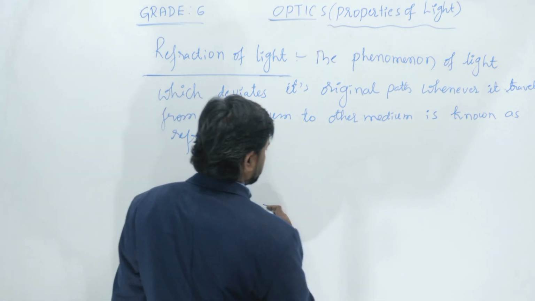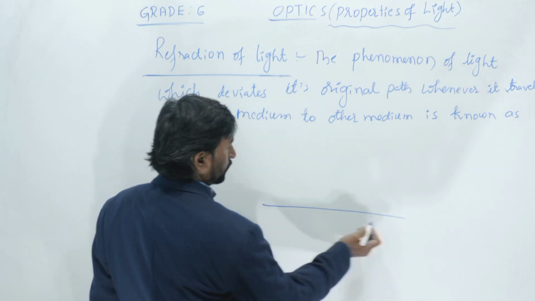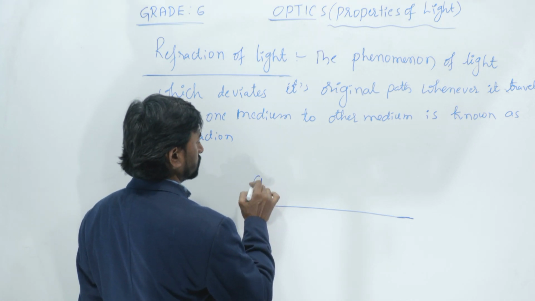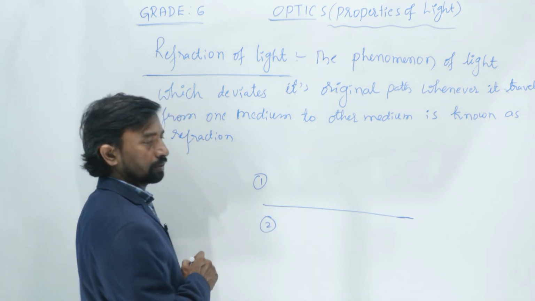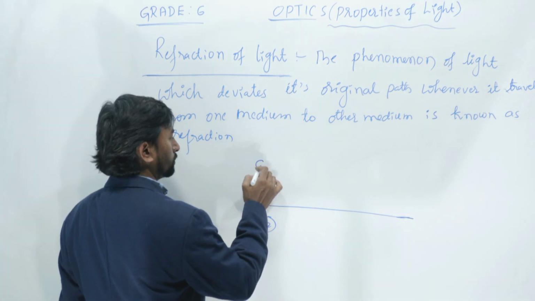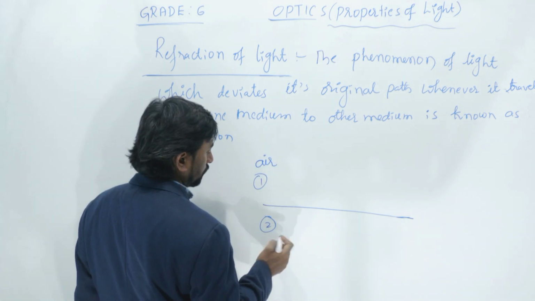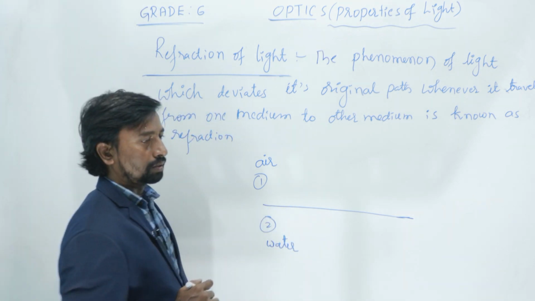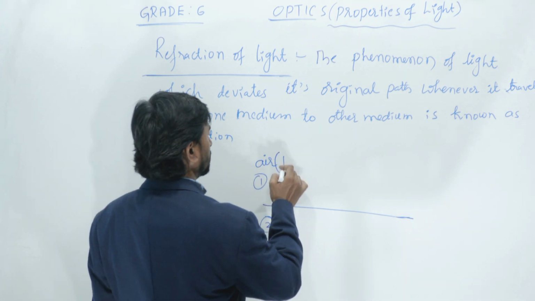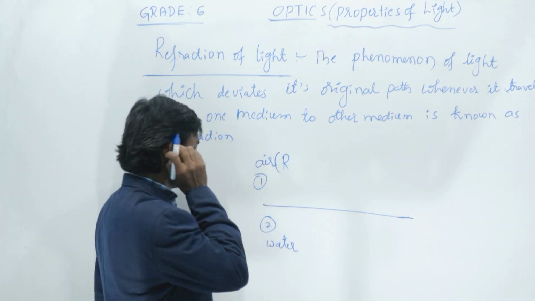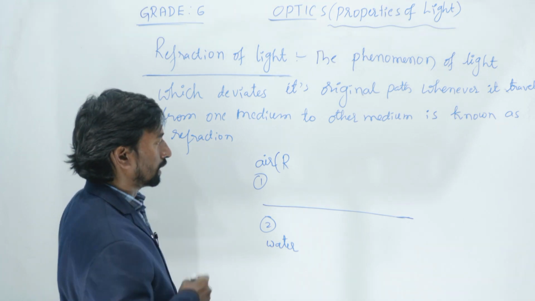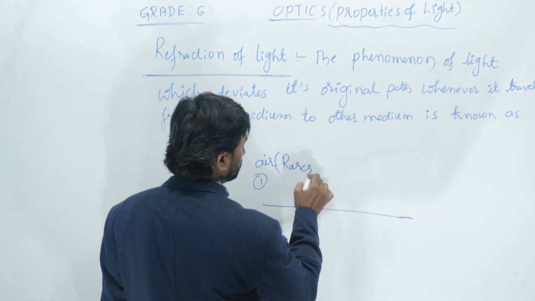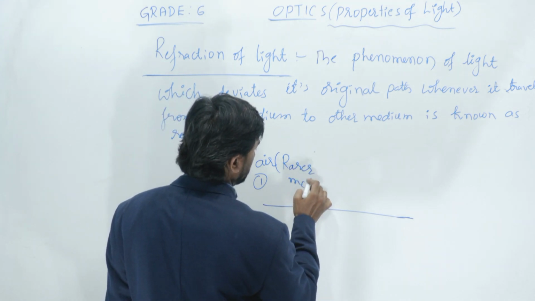Let us see here. This is a boundary which separates the two media. Let us consider this the first medium and this the second medium. Let us consider the first medium is air and the second is water or glass. Let us consider it is water. Now this air is said to be the rarer medium. We have two types of media, which we discussed in the first synopsis: rarer medium and denser medium.